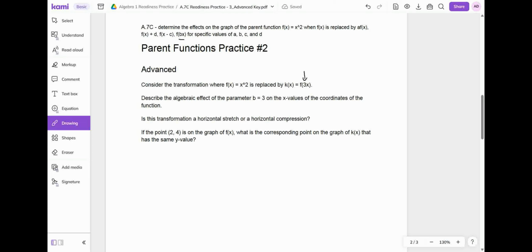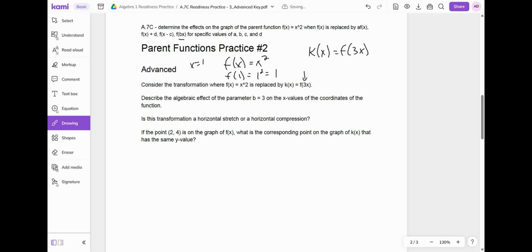Well, let's think. If we are plugging in 1: f of x equals x squared. Let's say x equals 1. So f of 1 equals 1 squared, that equals 1. So 1, 1, that's pretty easy. Let's look at k of x. k of x equals f of 3x.